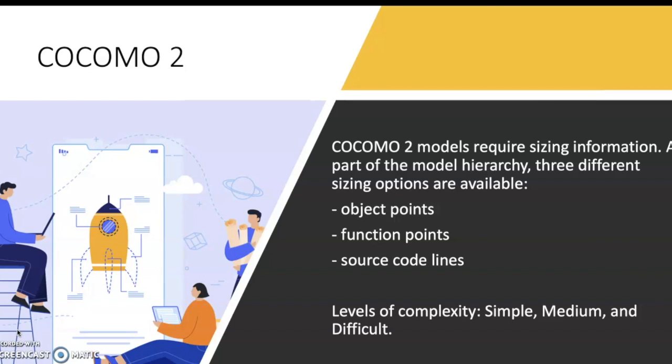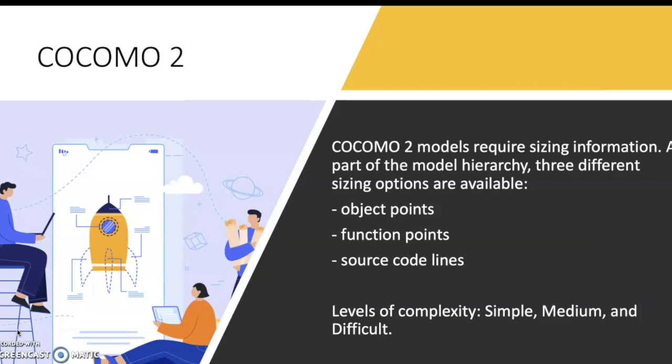COCOMO 2 model requires sizing information. As part of the model hierarchy, three different sizing options are available: object points, function points, source code lines.